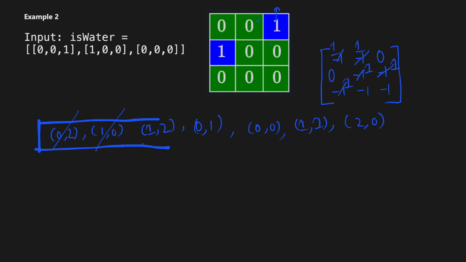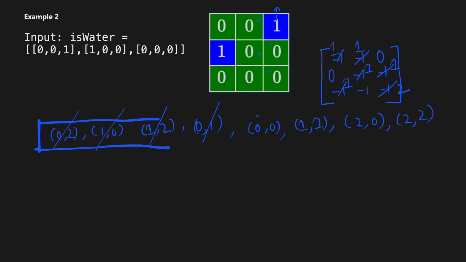Now we will dequeue 1, 2, and for this cell, again we will explore the 4 directions, and the only unvisited valid cell is 2, 2. So we will visit it and set the height of this cell as the current cell's height plus 1, which is 1 plus 1 equal to 2, and enqueue this cell. Then we dequeue 0, 1, and for this cell all its neighbors are visited because we can see in the heights matrix none of them have the value -1.